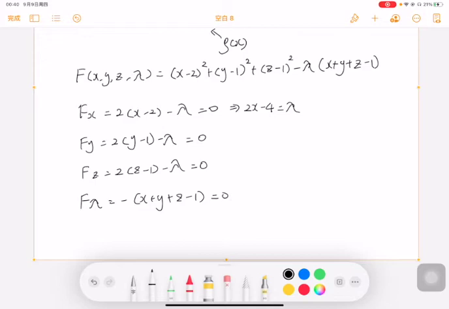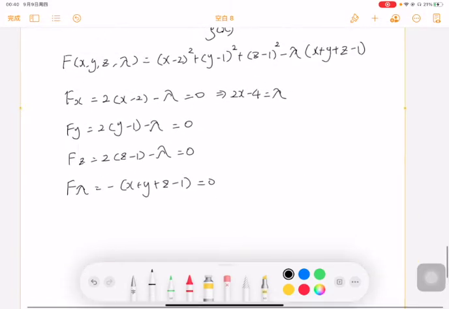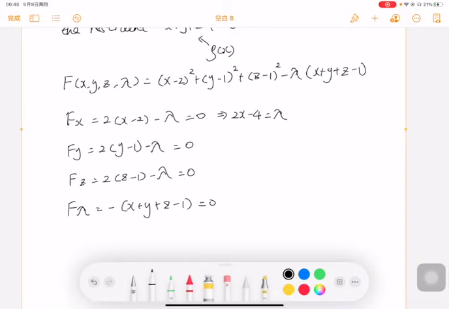The layout of my work is probably not great. If this is actually an exam, you want to write out every step, and you don't want to cram everything into one line.